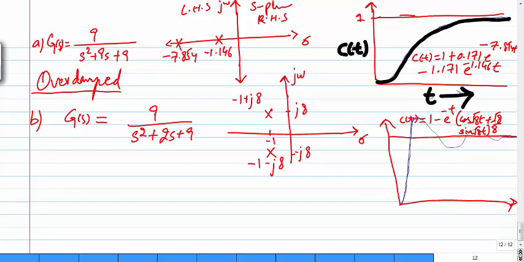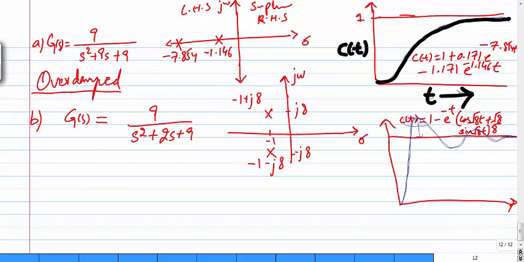when we have complex poles. So this has overshoot, and it has oscillation in it. So this is the oscillation.